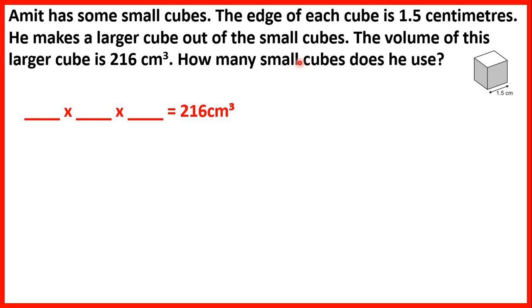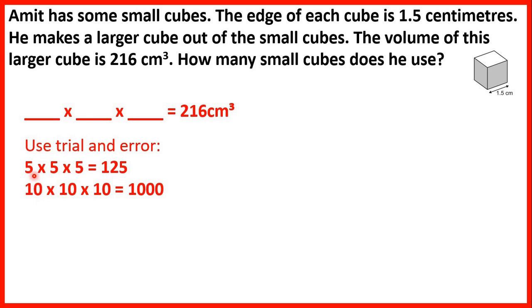Now, because it's a cube, not a cuboid, all of these numbers will be the same. So let's use trial and error. If we try 5 times 5 times 5, 5 times 5 is 25, times 5 is 125. But we want 216, so we need to try something larger. 10 times 10 times 10 is 1000, but that's a lot more than 216.